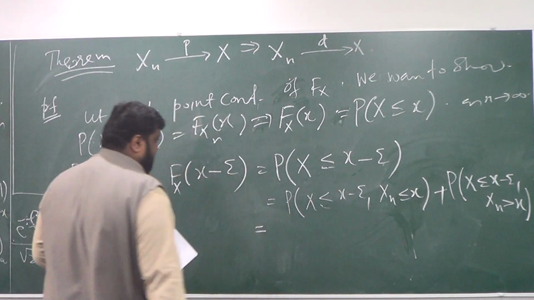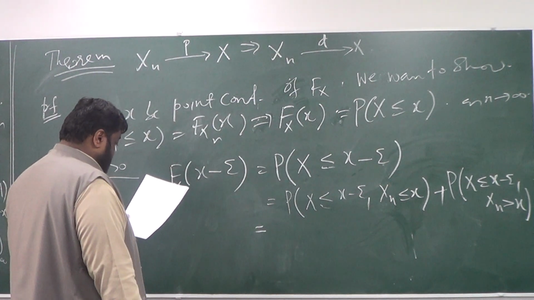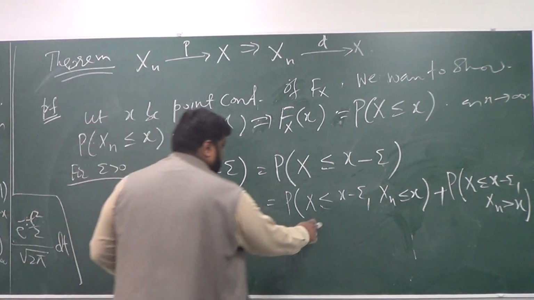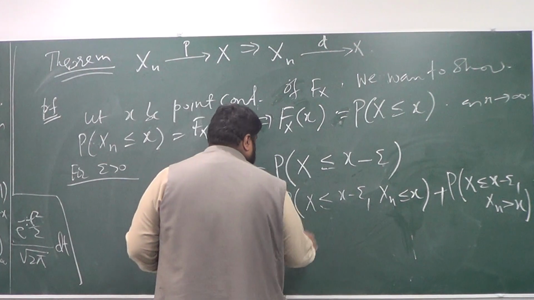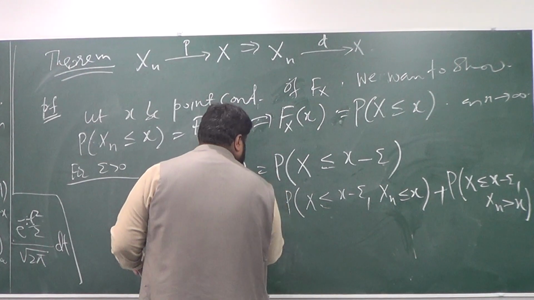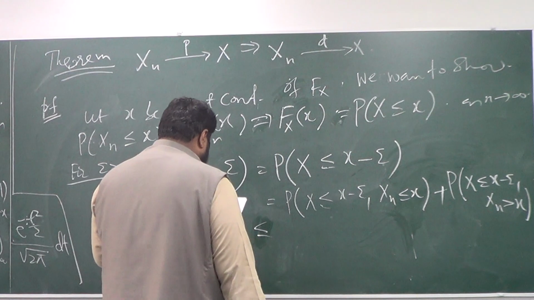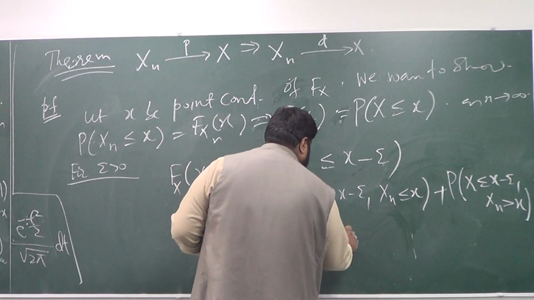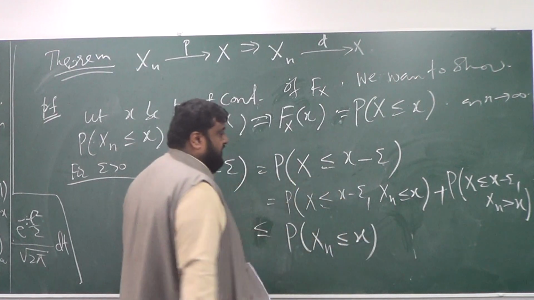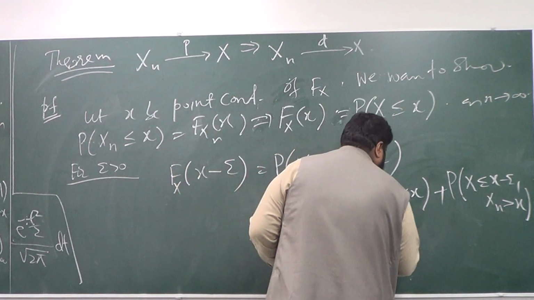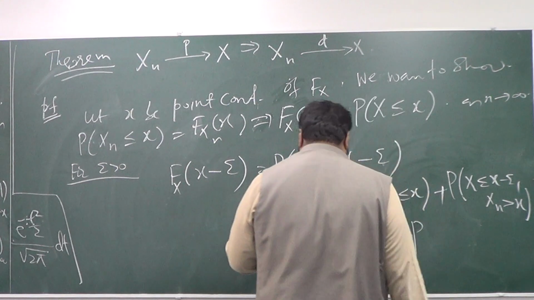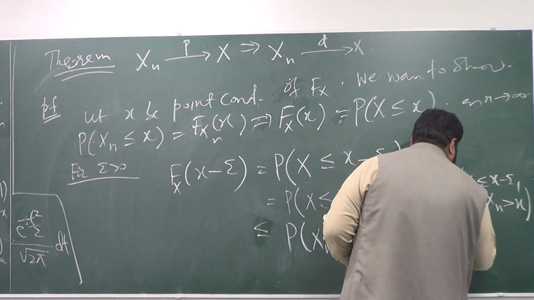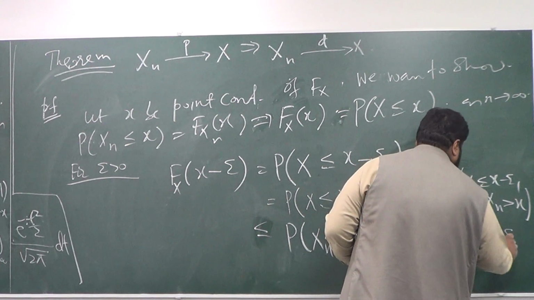Now here's the interesting thing. If you have this, then I can say this is less than or equal to the probability of Xn less than or equal to x, plus the probability that |Xn minus X| is bigger than epsilon.